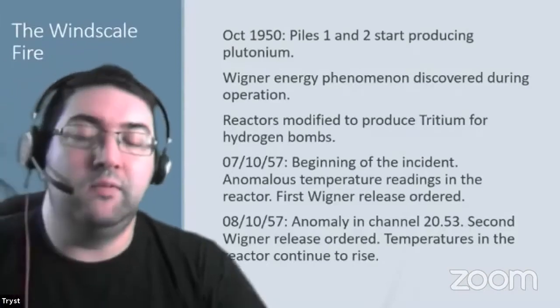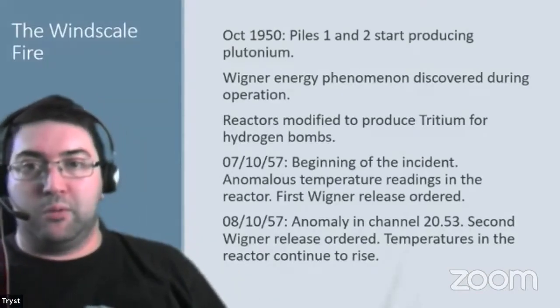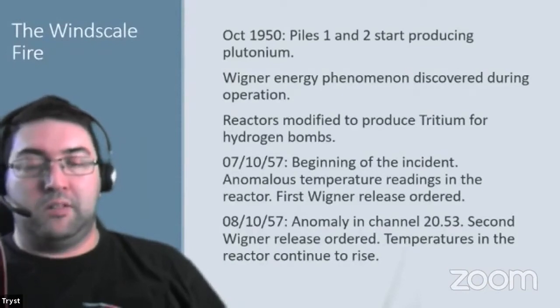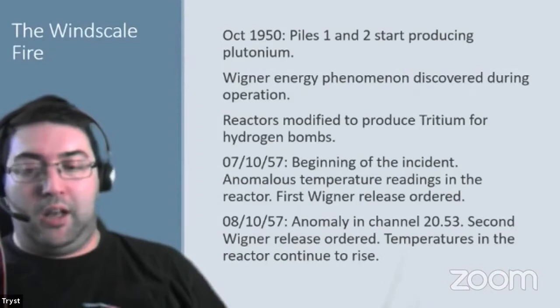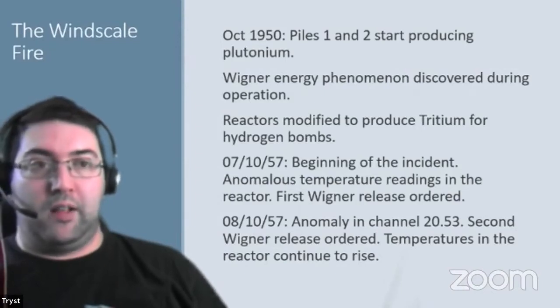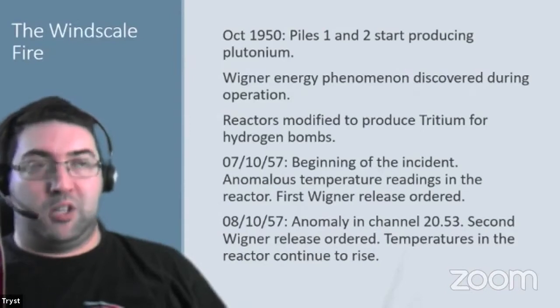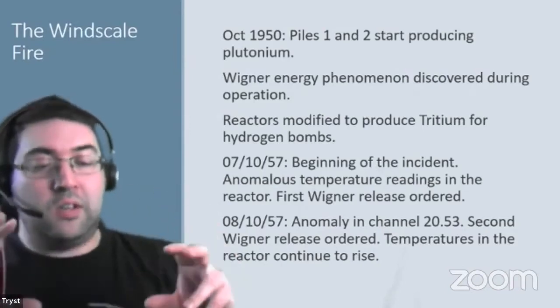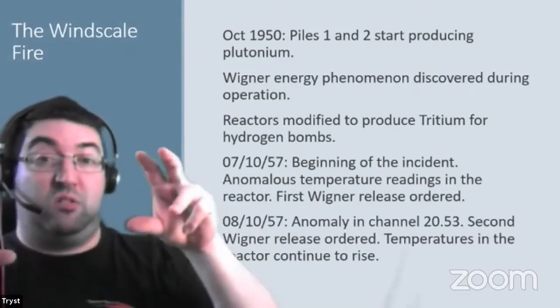So in 1950, I mentioned these plutonium producing piles. These were built in October 1950 to produce plutonium for the British bomb project. And they discovered this problem with the graphite inside, where the neutrons would displace atoms in the lattice, and those dislocations had this energy associated with them.